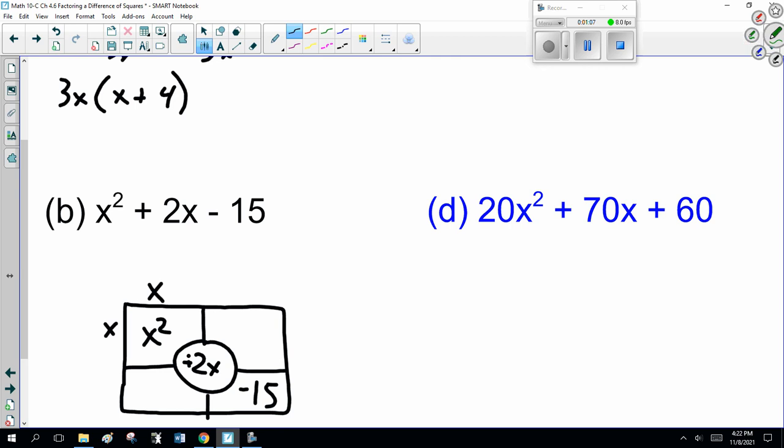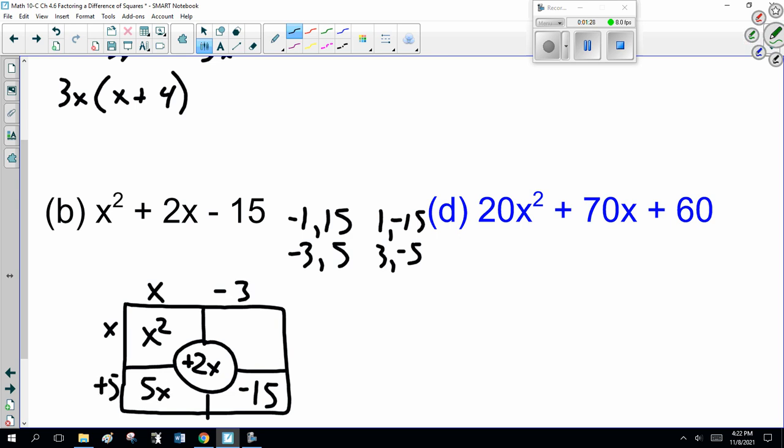Now, what are the factors of minus 15? 1 and 15, 3 and 5. Since it's minus, minus 1, 1 and minus 15, 3 and minus 5. So which combination of those numbers gives us plus 2? Minus 3 plus 5. So this is x minus 3 times x plus 5.